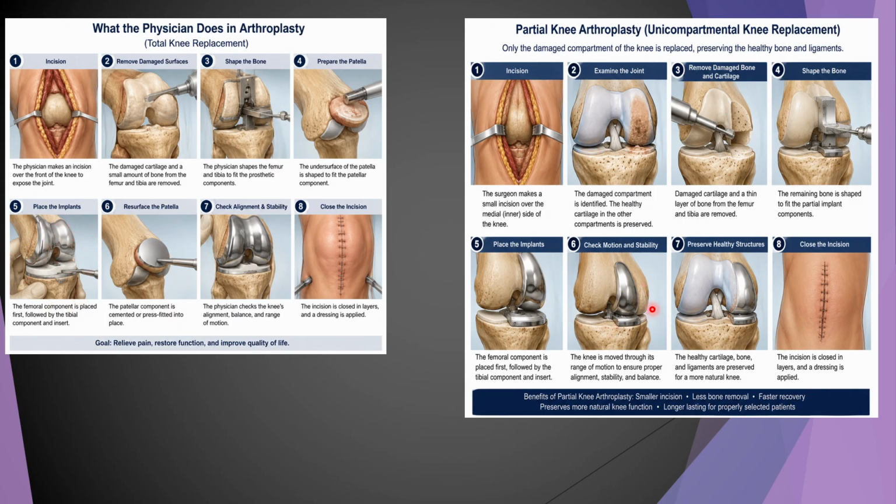In total knee replacement all compartments are involved, but here only a single compartment is involved, so this is a unicompartmental partial knee arthroplasty. After that he will close the incision. Same process, only one part is involved.